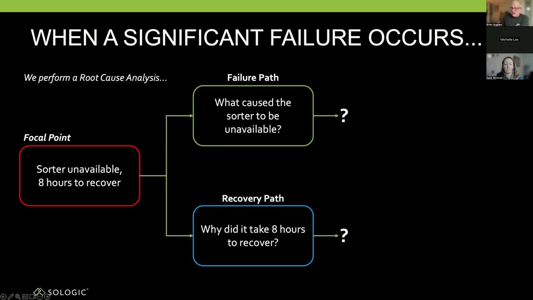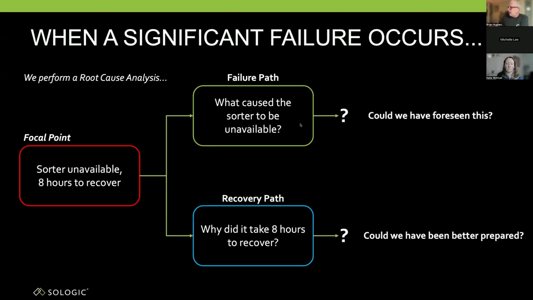But in the world of FMEA, we're answering the question, could we have foreseen this failure? How did this catch us by surprise? And then, could we have been better prepared to recover from this failure after it happened? A lot of times these are the questions that come up in an RCA.